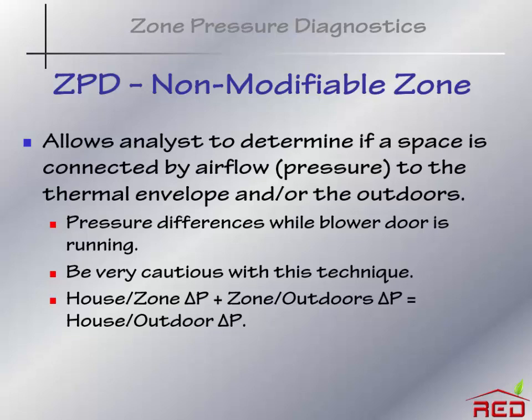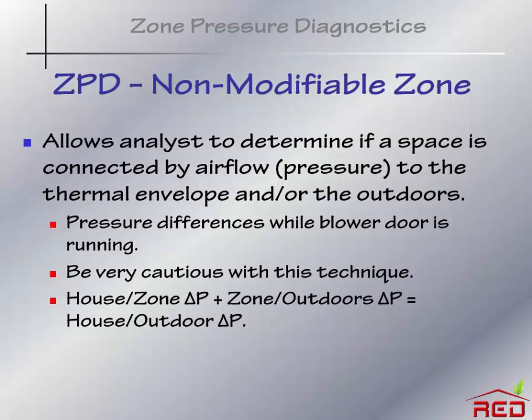It does, however, allow the analyst to determine if a space is connected by airflow, in other words, pressure, using your digital manometer while the blower door is operating in the house. So you've got to have the blower door running when you do this, either pressurized or depressurized. You should be very cautious with this technique because it can be misleading, and I will get into those issues.